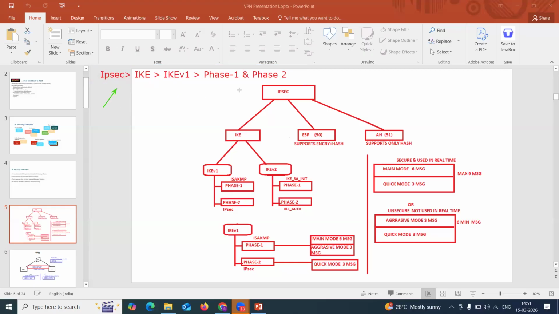IPsec, IKE v1, and IKE v1 has phase 1 and phase 2, right? If this much is clear, now understand: IKE v1 phase 1 has two modes.